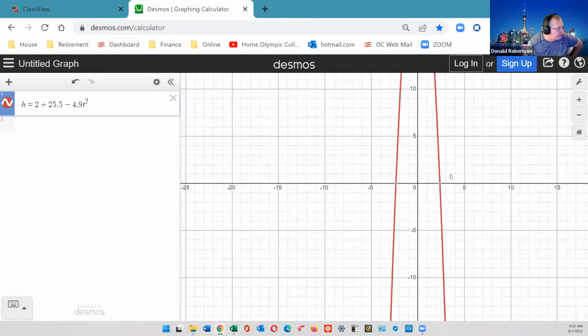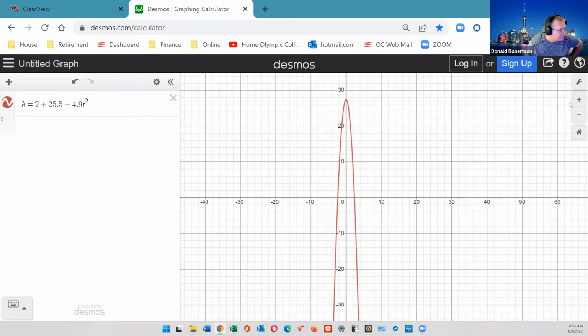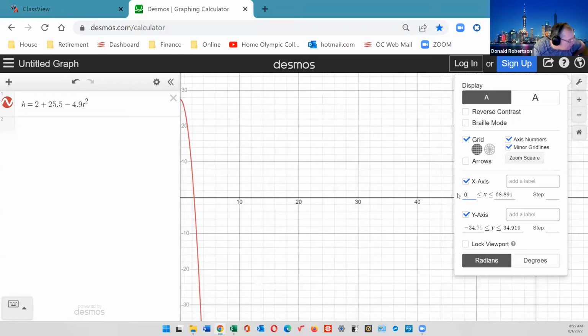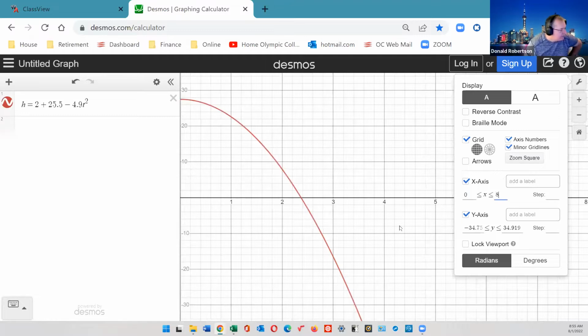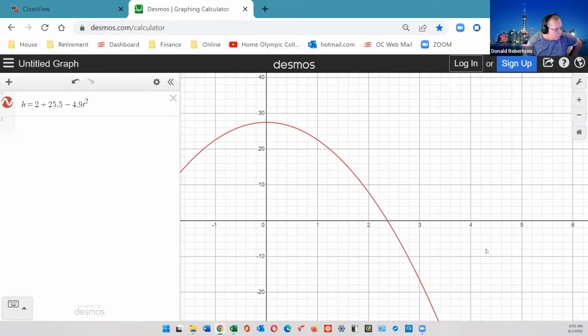And if I shrink the window a little bit, okay. Don't like the scale, it's kind of ugly. So I'm going to change the x values and start at 0. And I think I should be able to finish about 8. There we go. Would you say that's more what I need, right?